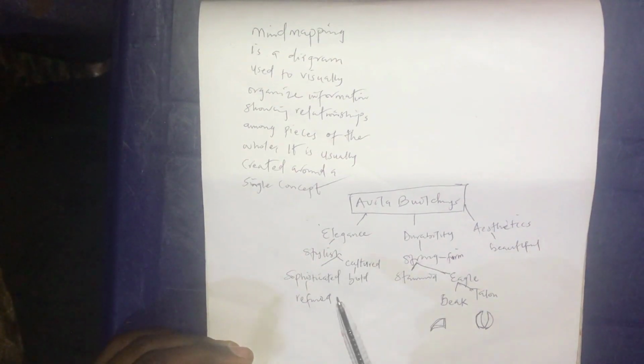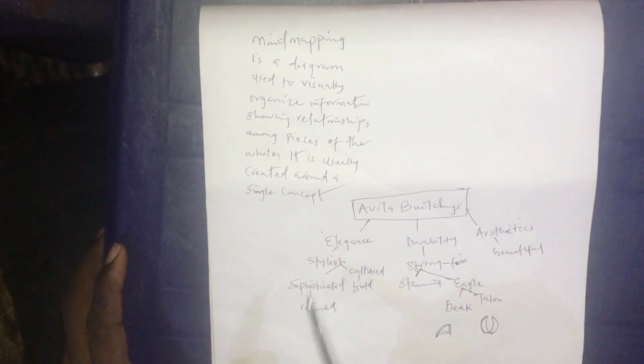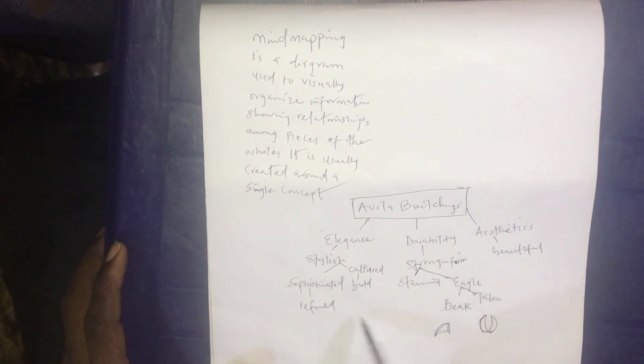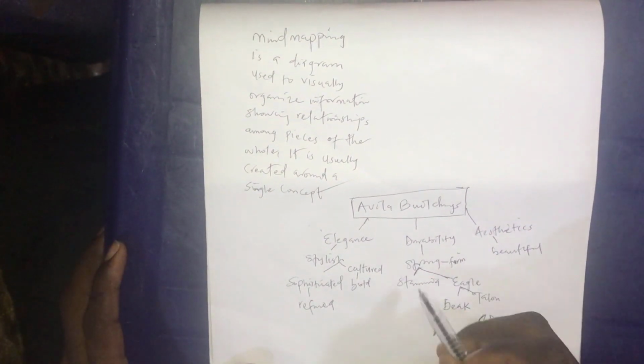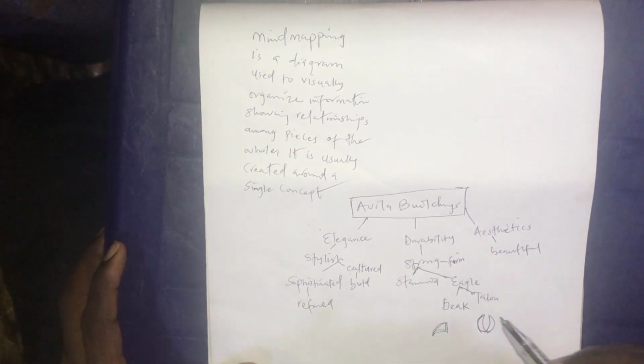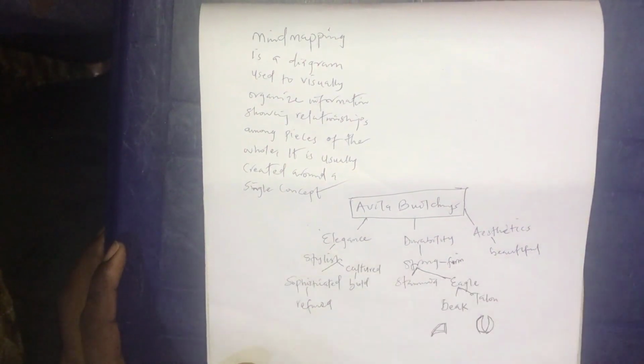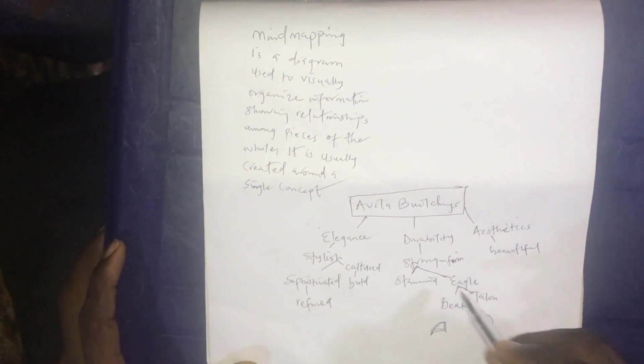So I was saying that the reason why people find logo ideas difficult to generate is because most people try to dwell on this. You have to break it down. You break strong, you have eagle, because the brief says we should refer to the name Avila, that it has a visual reference. That's why we put eagle here.